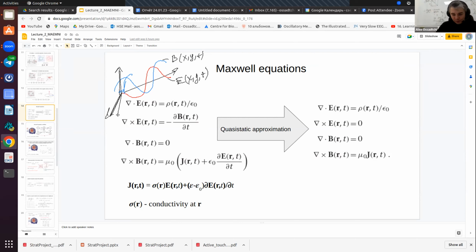In our case, in the brain, if the brain signals were like this, and generated fields like this, then each of us would be a radio. This is not the case.